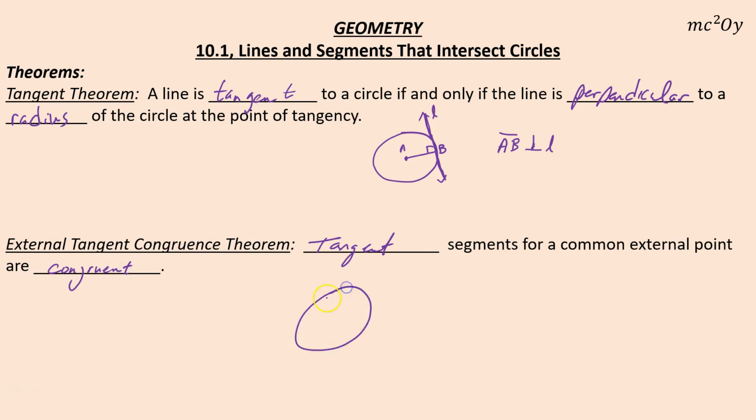Okay, so if I have a circle, and it's still not a great circle, I have an external point, say we call that point X, and let's call this circle A. And then we have a tangent line running from point X, with the point of tangency at T. Then we have another tangent line through point X at S, and we would know that XT is congruent to XS.